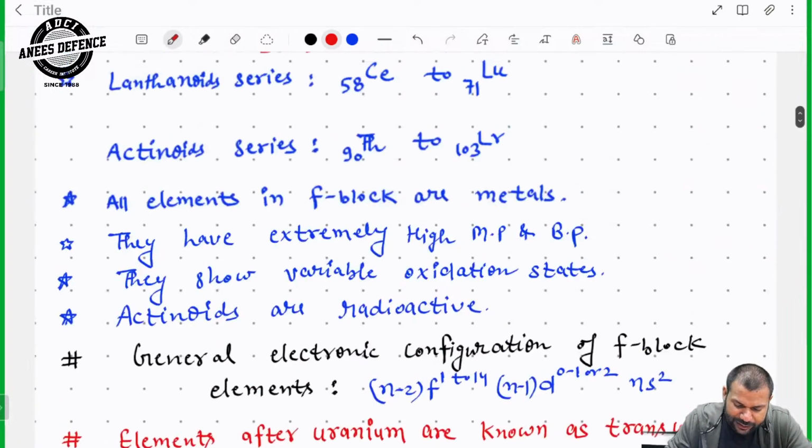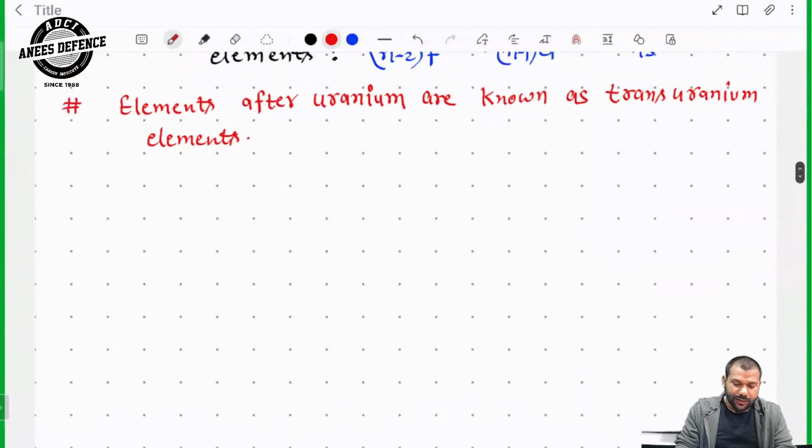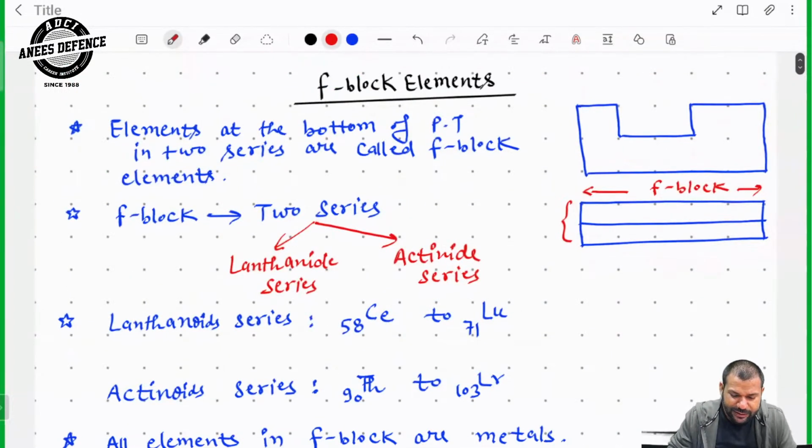Next topic in this chapter, we have trends in periodic table. Right, in the last two sessions we have covered general properties of block elements. We have discussed some properties of S block elements, some basic properties of P block elements, and some basic properties of D block elements, and now there are some basic properties of F block elements.